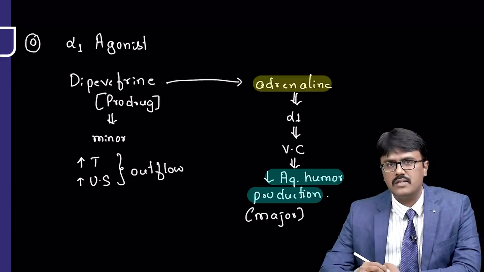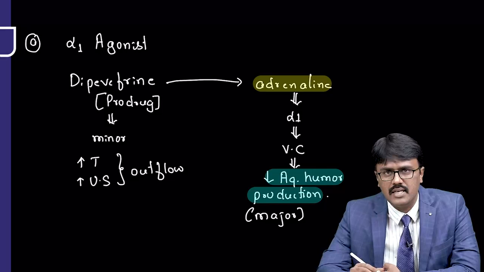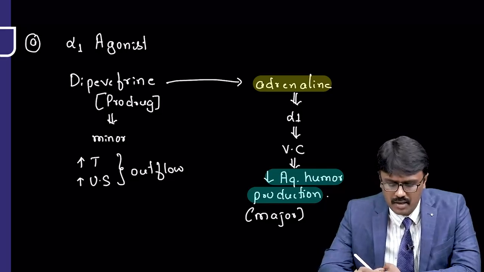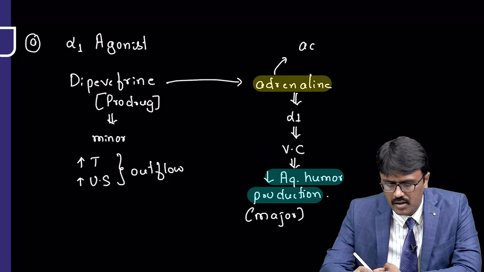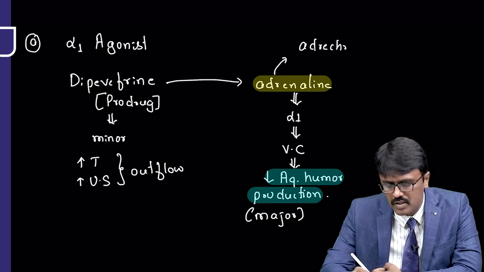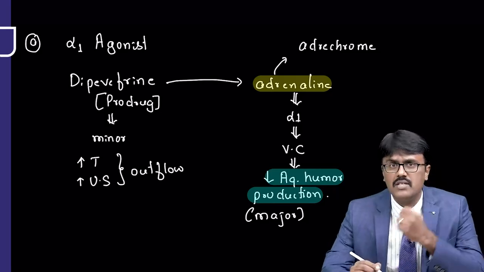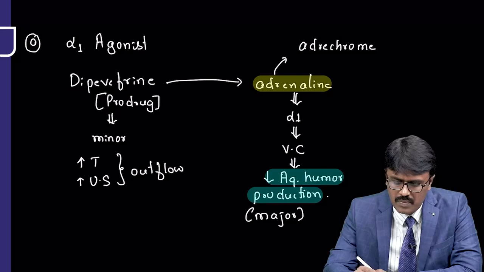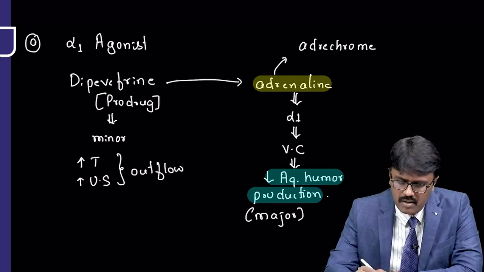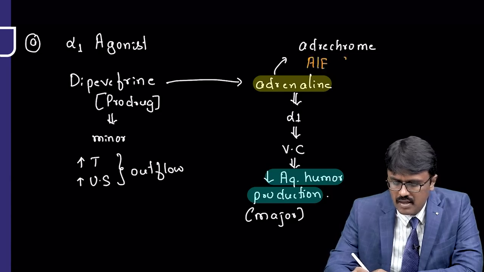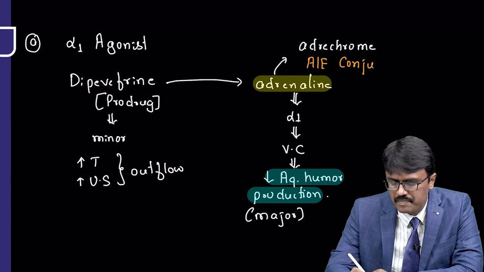So once I know this, what happens sometimes on the conjunctiva, adrenaline can become a pigment called adrenochrome. So this adrenochrome will form a pigmentation on the conjunctiva. So patients taking dipivefrin, the adverse effect of dipivefrin is conjunctival problem.